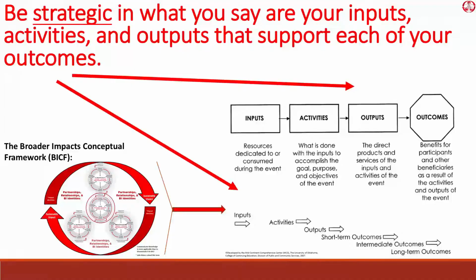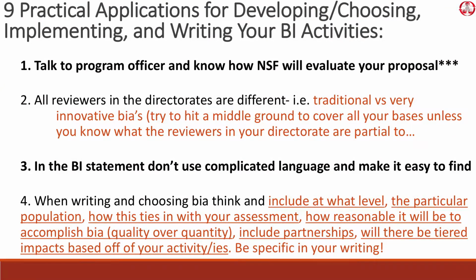But typically, as a general rule of thumb, if you're talking about broader impacts, you have your outcomes, your outputs are your numbers, and we'll get into that later. You have your activities. Your activities should support your outcomes. So you don't want to say your activities are accomplishing all of these different things. You want to be more specific and strategic about which activities you're doing to help support your outcomes, to help you achieve the benefit.